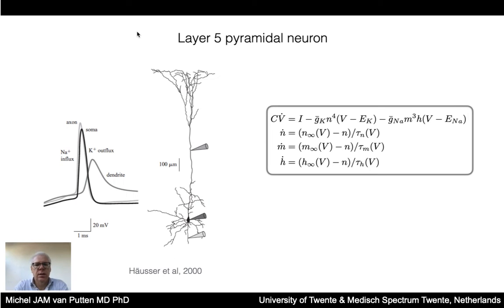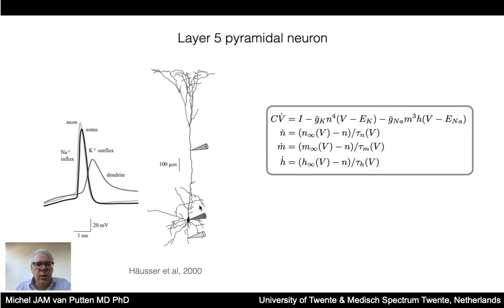Let's start at the elementary components of our brain, which are the neurons. And we've extensively discussed this in the previous lectures. Shown here is a layer 5 pyramidal neuron.